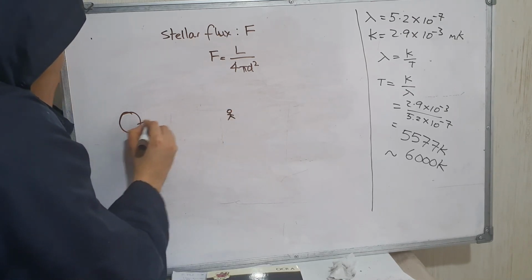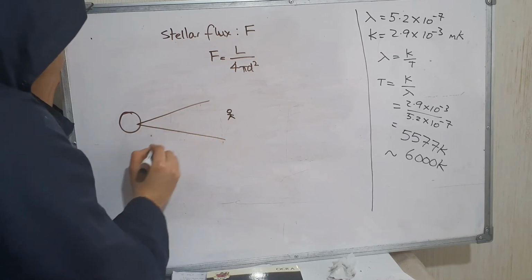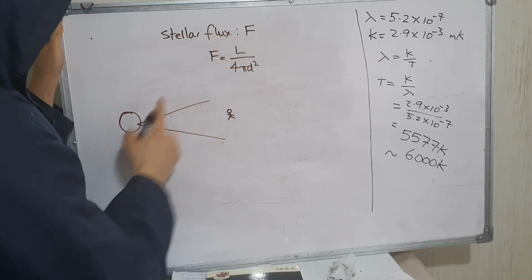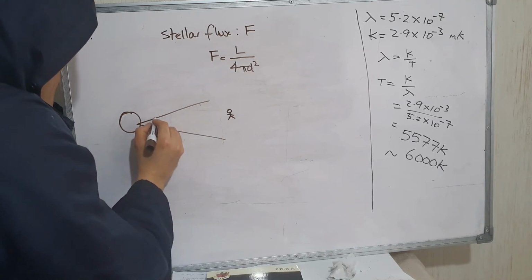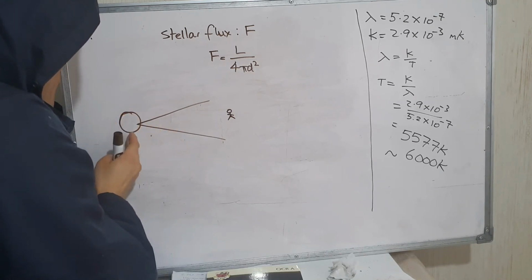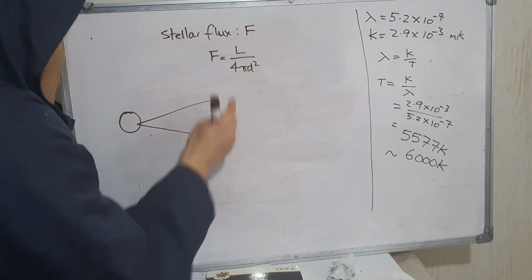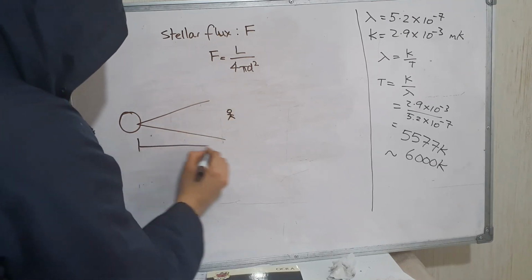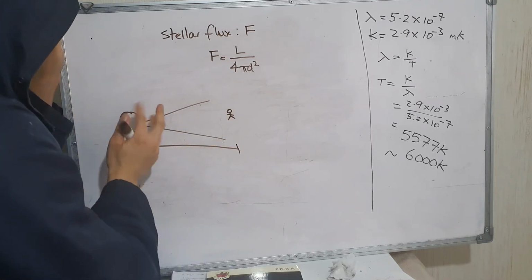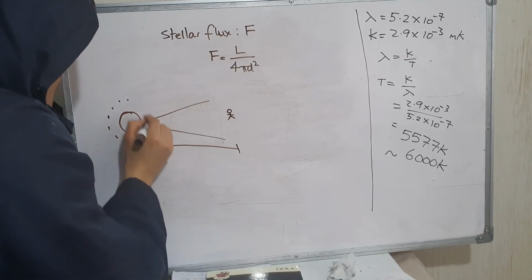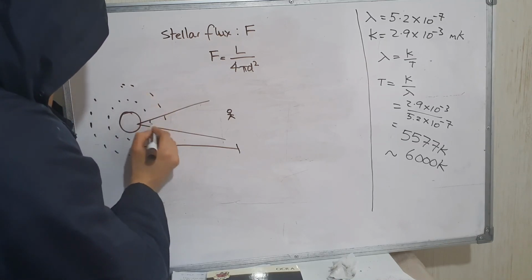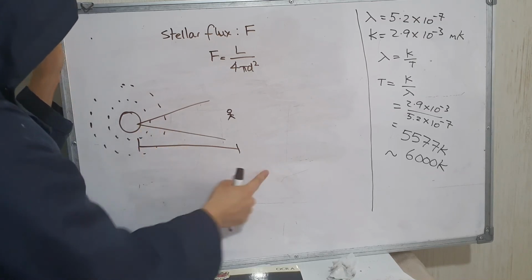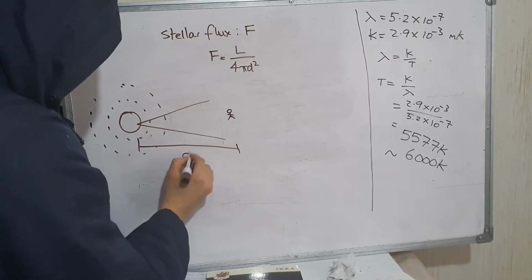The star is emitting light. So the stellar flux is how much light is received as it goes from the star to that point, as it spreads out over the surface area. So it is expanding as it goes from there to there, and this is this D here.